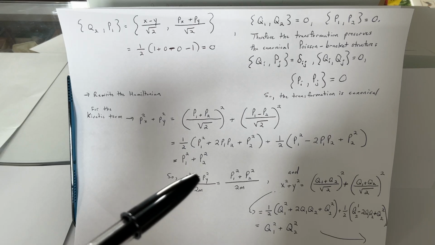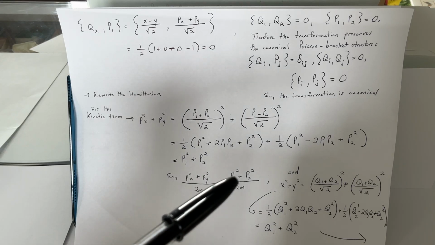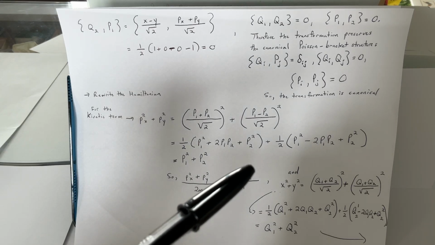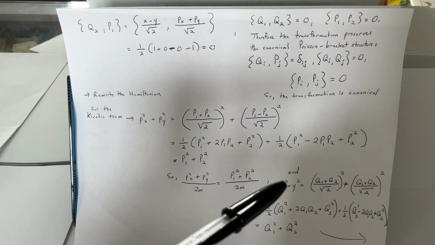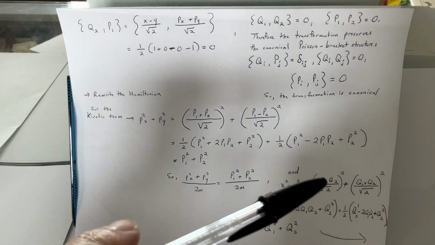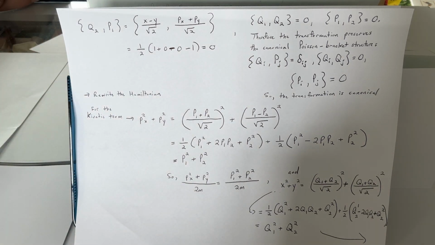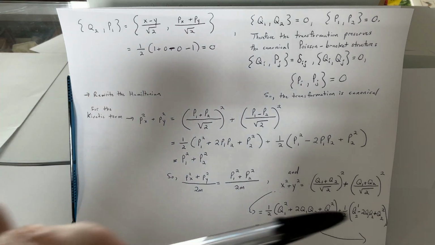p_x squared plus p_y squared over 2m is p_1 squared plus p_2 squared over 2m. And x squared plus y squared equals the quantity (x_1 plus x_2 over the square root of 2) squared, plus (x_1 minus x_2 over the square root of 2) squared.